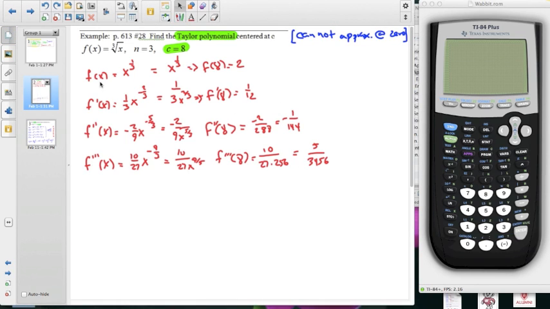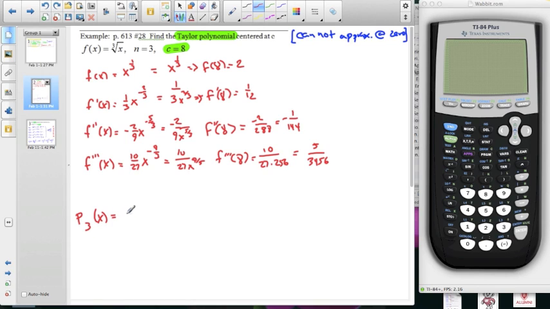So now that we have the derivatives, up to the third derivative for our third degree polynomial, we can go ahead and write this polynomial approximation. It looks like a P3 because we're going up to a third degree polynomial.